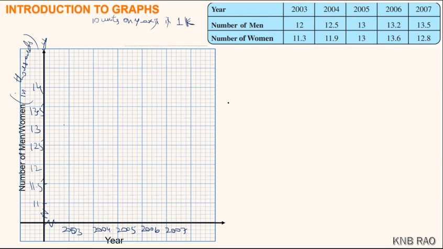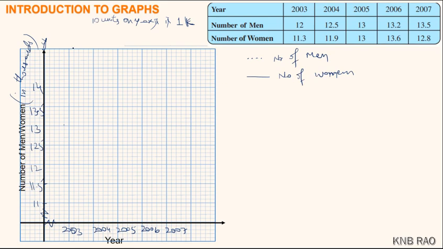Now in the year 2003, number of men, better I choose men with a dotted line and continuous line as number of women.